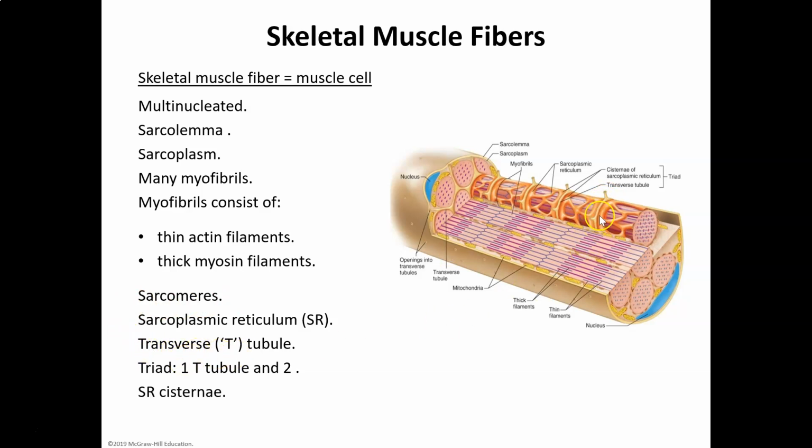So we have this structure here called a triad. A triad consists of this. This is exactly what a triad is: 1 transverse tubule and the 2 sarcoplasmic reticulum cisternae. That's the ends here, this part and this part on either end. Those 3 things are called a triad. And it says that right there, triad.